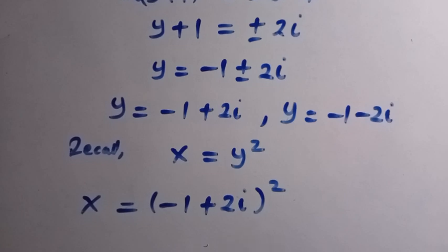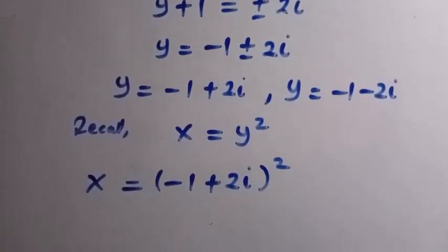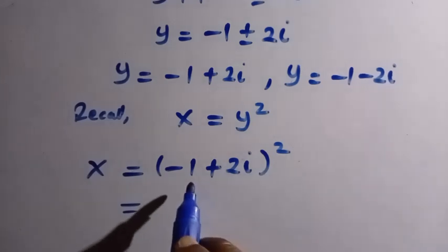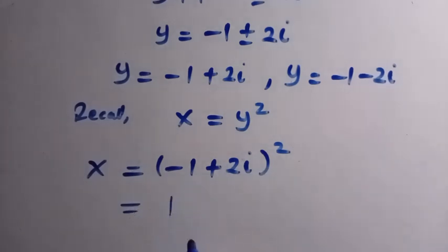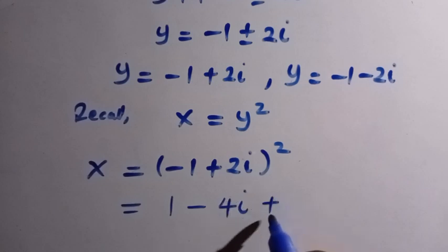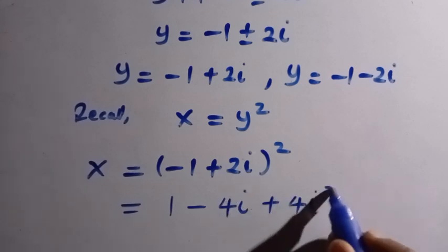When we expand this, what we get is 1 minus 4i plus 4i squared.